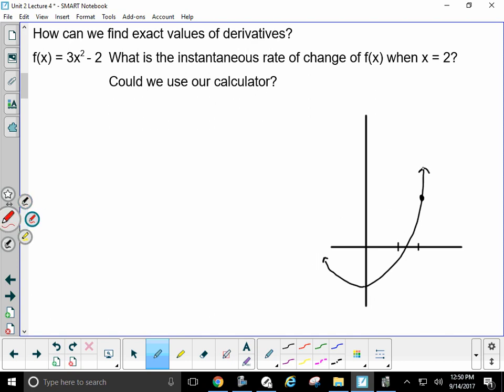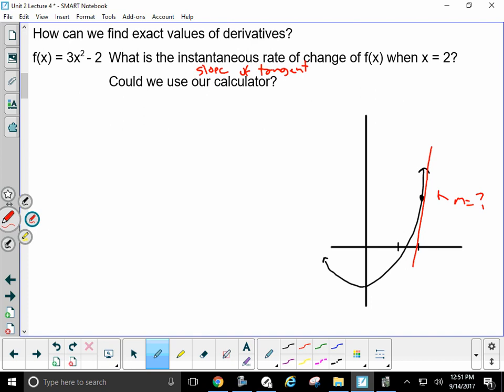Now first, start by going ahead and drawing the tangent line to this 3x squared minus 2 at 2. I want us to make sure we can understand that the tangent line would look something like that. Again, instantaneous rate of change, slope of the tangent. Same thing. Now, what does that equal?